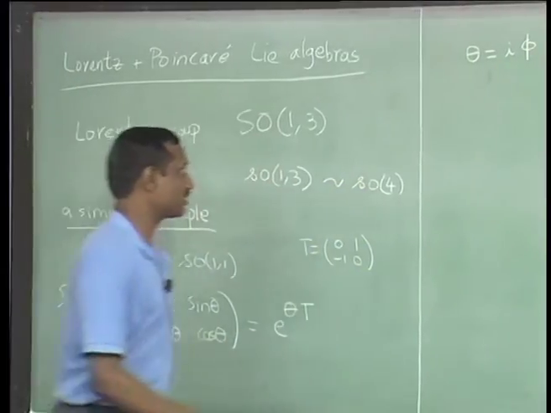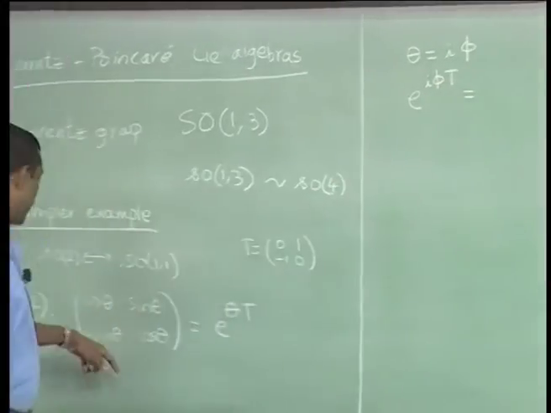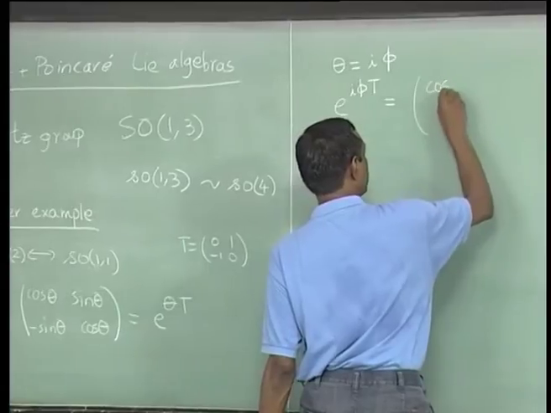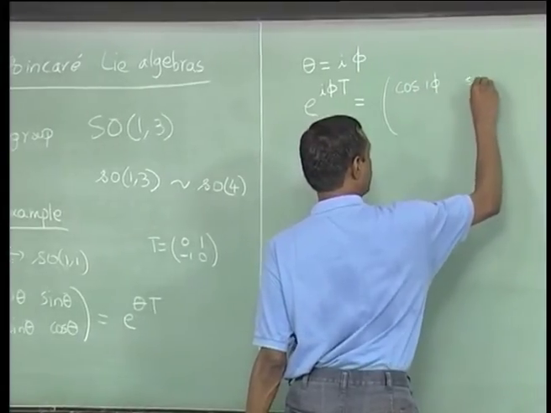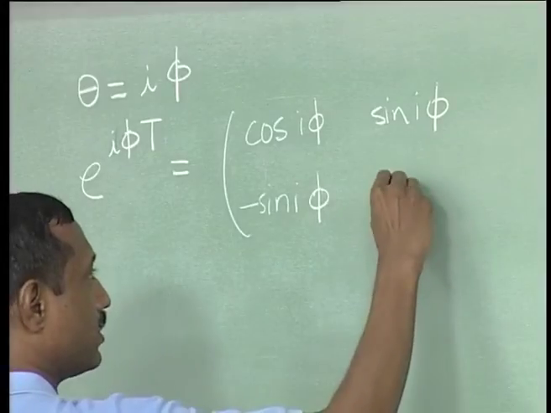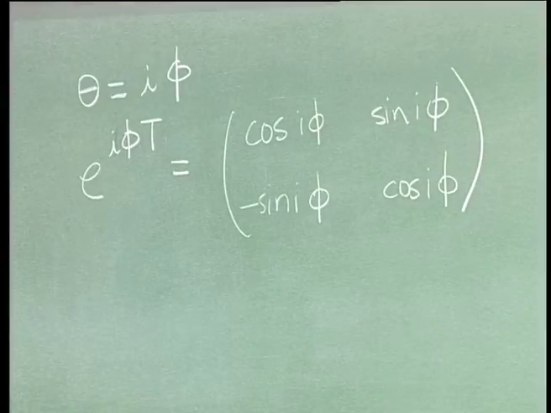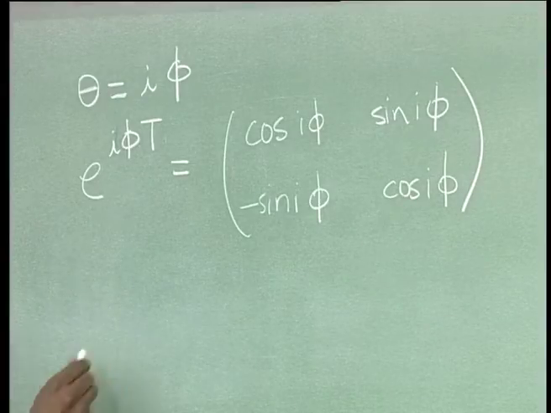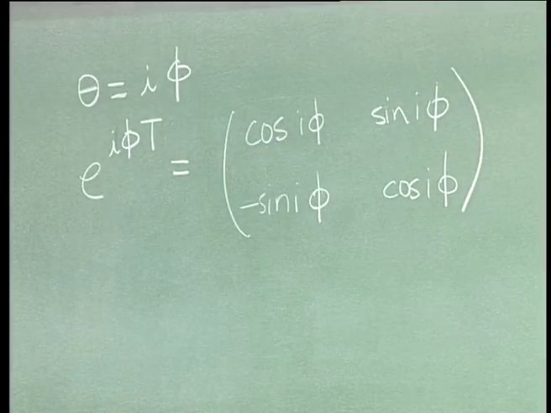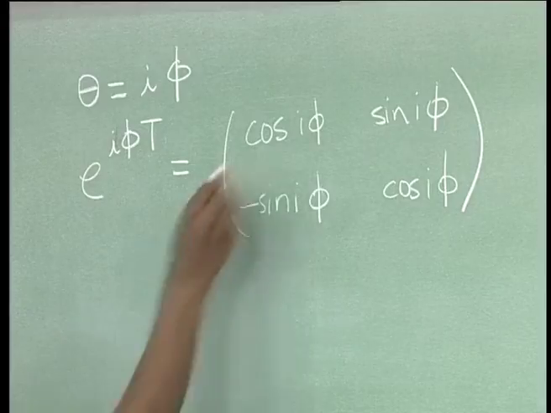Now let us look at e power i phi t. We can go back and write it as cos i phi, sin i phi, minus sin i phi, and cosine i phi. Again, by going through the complex domain, we can go from trigonometric functions to hyperbolic functions, and in the complex domain they are the same.